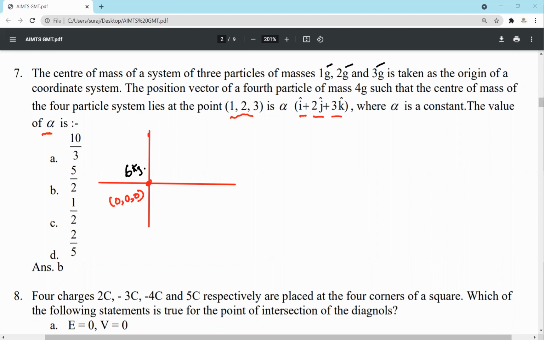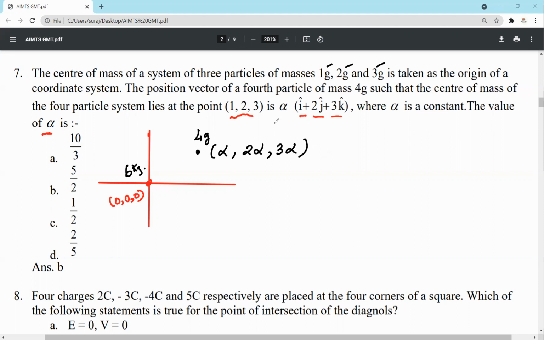The position vector of the fourth particle of mass 4 gram, such that the center of mass of the 4 particle system lies at (1, 2, 3), is alpha i cap plus 2 j cap plus 3 k cap. What are the coordinates of the 4 gram mass? Alpha, 2 alpha, 3 alpha.